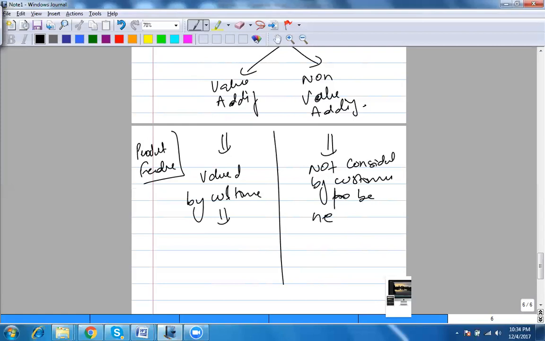Those features which are not considered necessary by the customer are non-value-adding, as they do not really affect the customer's decision of buying the product or not.